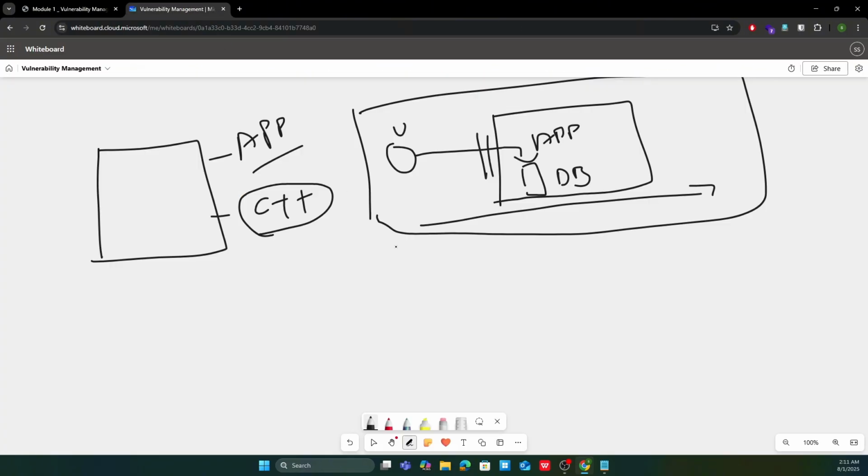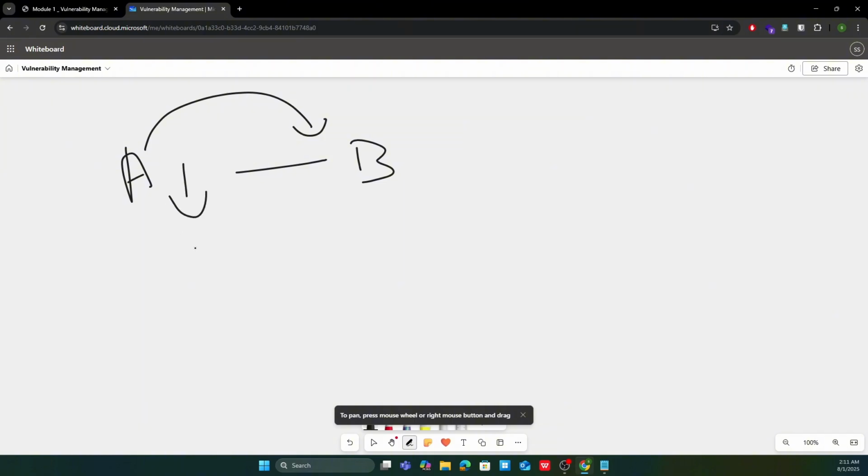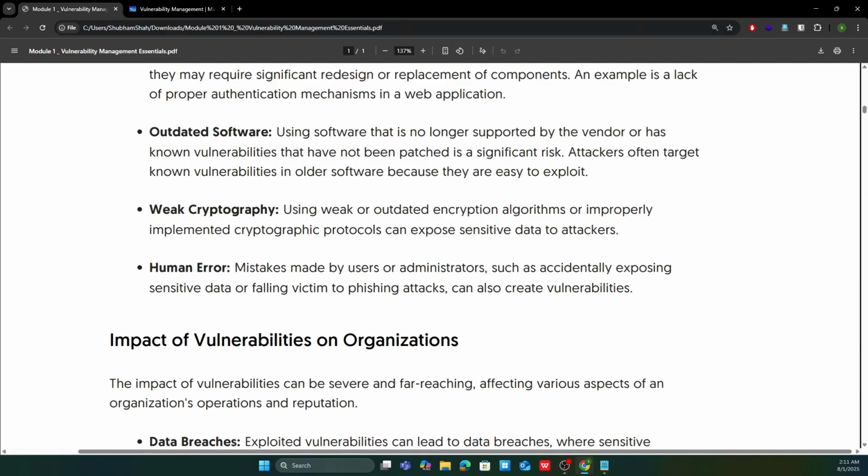If device A is communicating to device B, there should be encryption so that the data is not readable in normal text. But if the encryption is done via outdated modules, the attacker can still decrypt it and read the actual data. So no privacy is maintained. That is the main concern with weak cryptography.